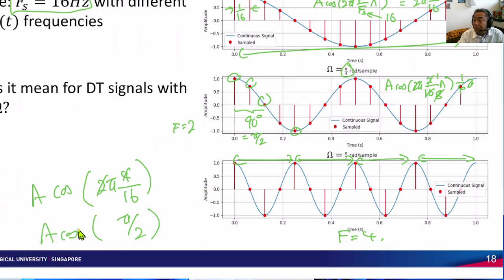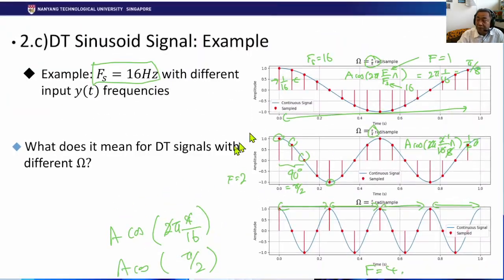So this is A cosine pi by 2, the red points, showing that in one sample we reach pi by 2. So the cosine from here is at the maximum at n equals to 0, at one sample it becomes A cosine pi by 2. Okay, so this is how we now interpret the digital frequency, digital angular frequency omega equals to pi by 2 in this example.